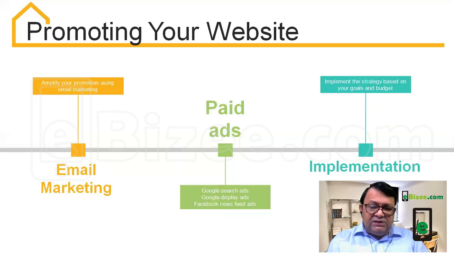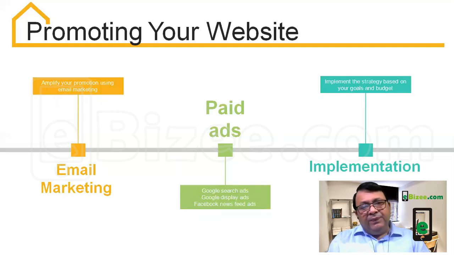When you do these things, you will understand the minimum amount you need to spend on paid ads, and you can spend these budgets on Google search ads, Google display ads, Facebook newsfeed ads, and various other formats of paid ads.